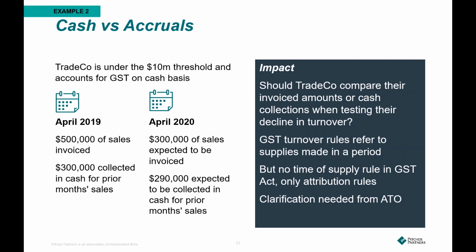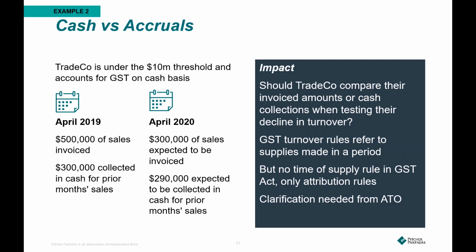So despite the fact that I just said I'm hopeful the ATO comes out and allows cash basis accounting taxpayers to effectively do the calculations as they have done their BAS, which is on a cash basis, the other side of that coin is that in examples like this, entities such as Tradeco may actually have to wait until future months, May, June, etc., to see a further decline in cash collections in order to satisfy the requisite 30% decline in turnover test, for example.